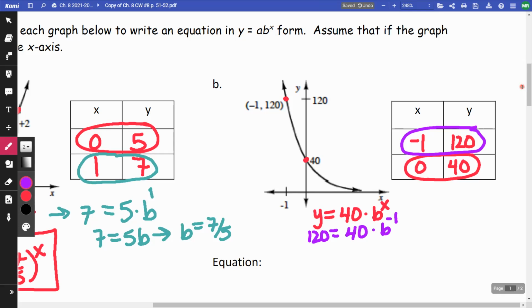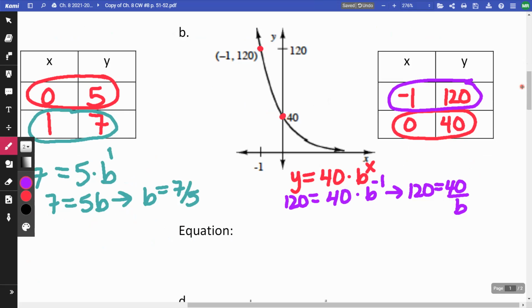Now, when I have b to the -1st power, that is really a b on the bottom if I move it. So when I'm going to work this out, what I can do is cross multiply, where I put this over 1, and then I'm going to multiply 120 times b, which is going to be 120b.